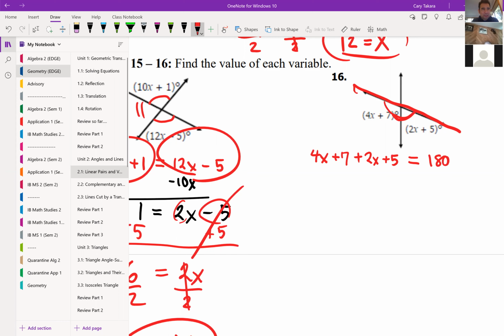What do you get for x? I don't even know what the x is. 6.